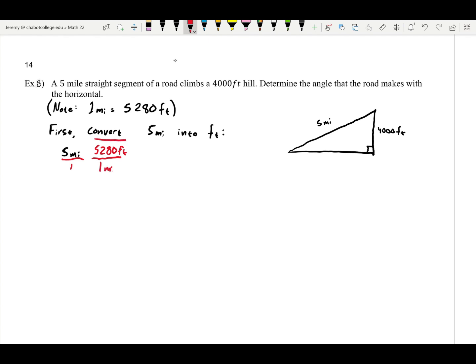And since those two values are actually representing the same distance, this is just a big 1. So I can multiply those straight across. So 5 miles, I'll just multiply 5 times 5,280, and I get this number, 26,400. And the miles cancel out, and we're just left with feet. Okay, so I might update my triangle and just write that side length as actually 26,400 feet.